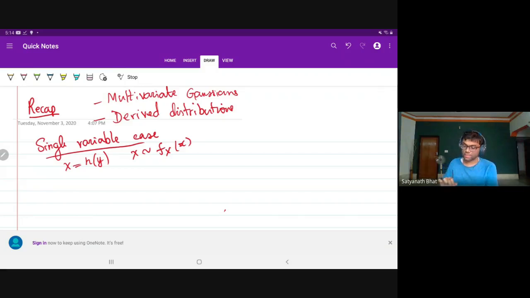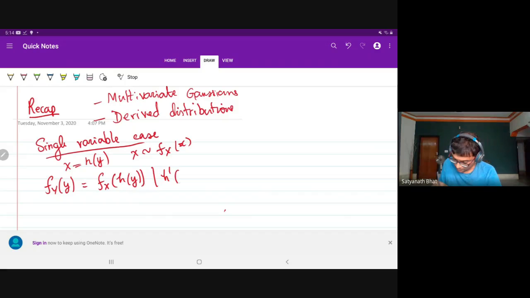What we saw is that the distribution of y can be given by this formula.